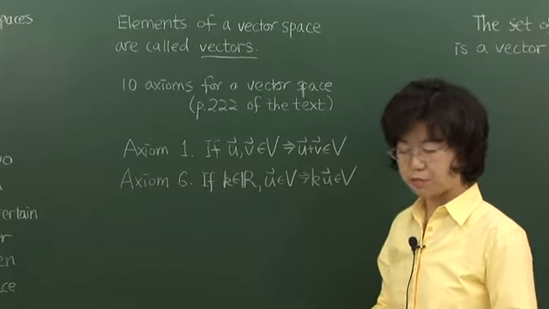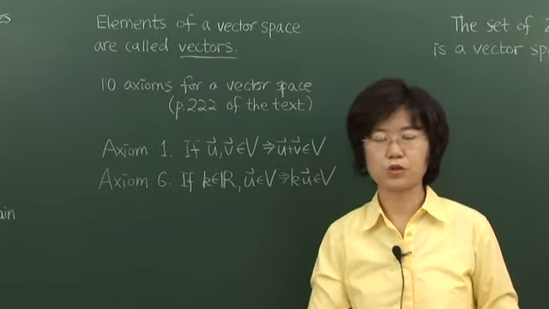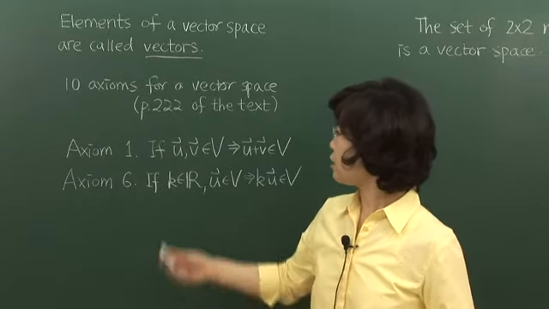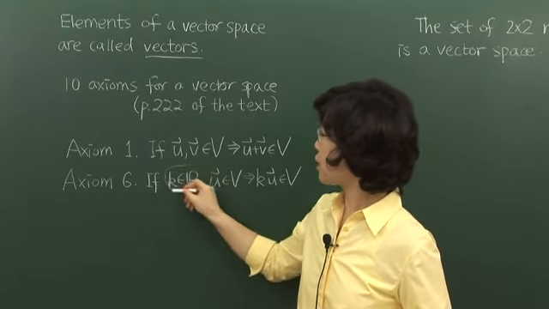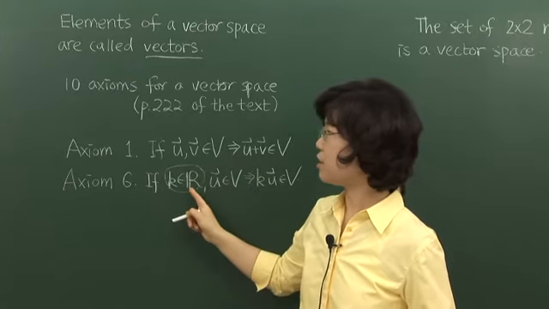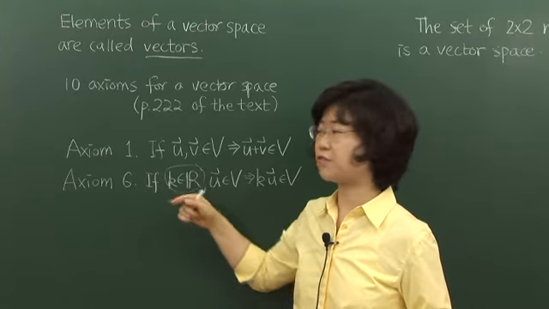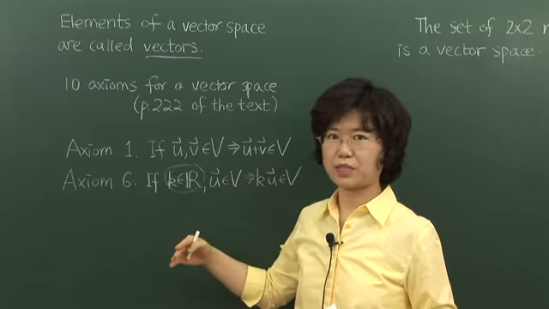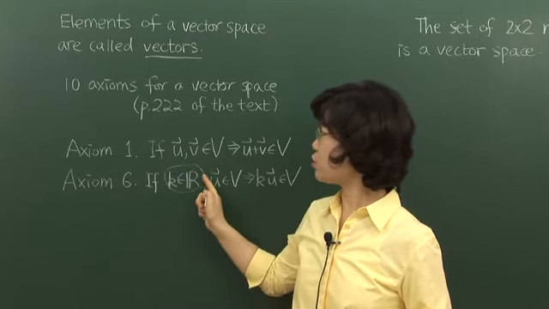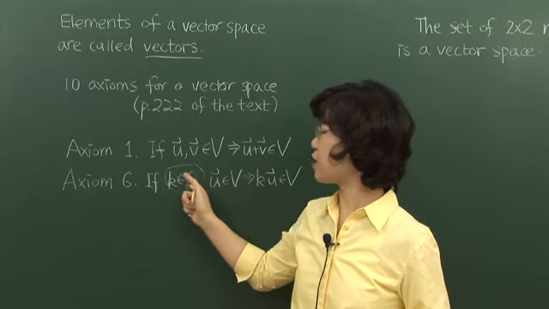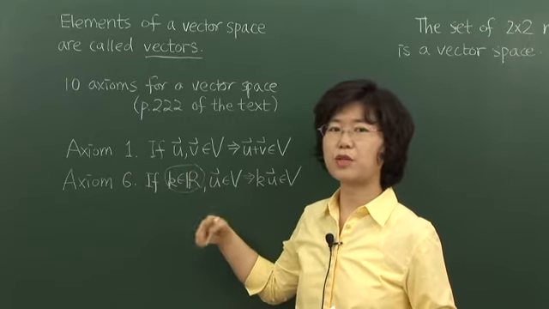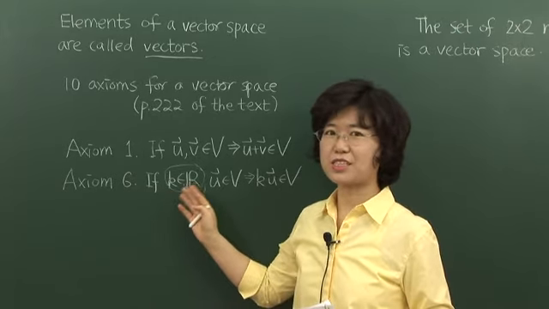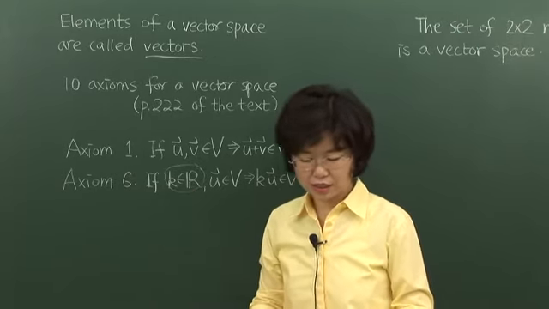This is the minimum requirement for those 2 operations. We choose a scalar in the real numbers R. Therefore, if it satisfies these 10 axioms, it is called a real vector space. We can also choose scalars from the complex numbers. In that case, we call them complex vector spaces. But in this course, we will just think about real vector spaces.